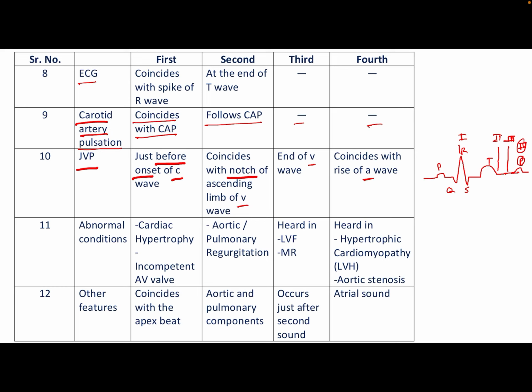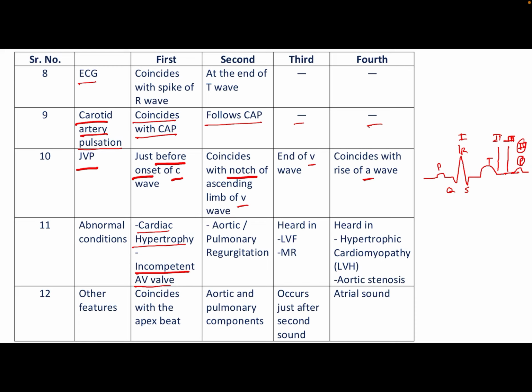Then in which abnormal condition you will get abnormal heart sound? So abnormal first heart sound you will get in cardiac hypertrophy, incompetent atrioventricular valves. So basically first heart sound, it is produced by closure of the atrioventricular valve.